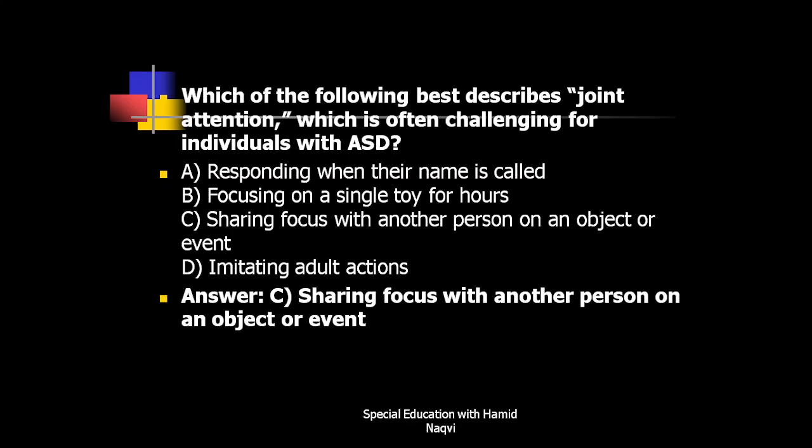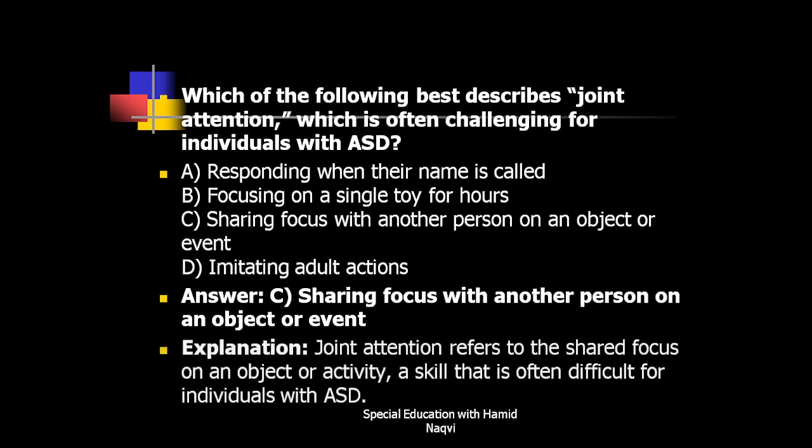Correct answer is C, that is sharing focus with another person on an object or an event. Joint attention refers to the shared focus on an object or activity, a skill that is often difficult for individuals with ASD.